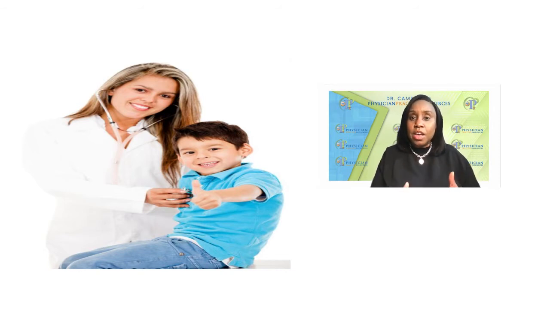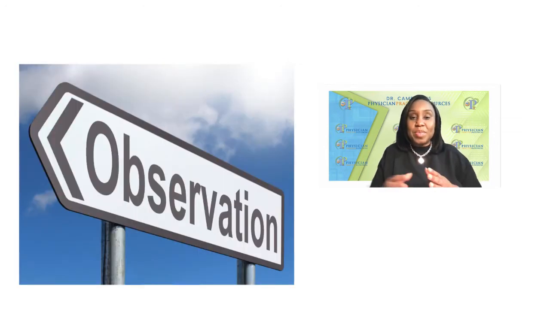Because what if the patient's blood pressure is measured and the patient's blood pressure is sky high? That person needs to be there to react to that finding and determine what the next steps are going to be.